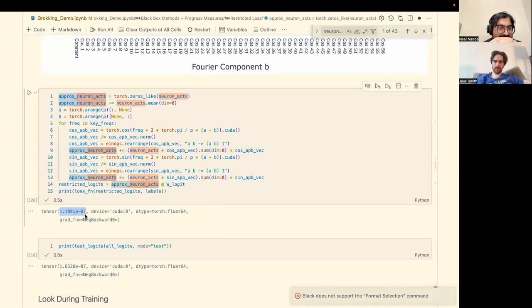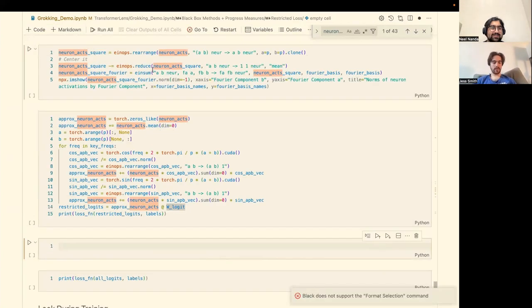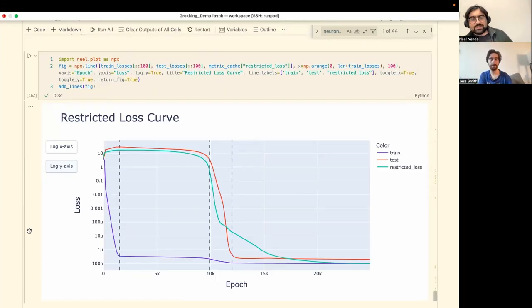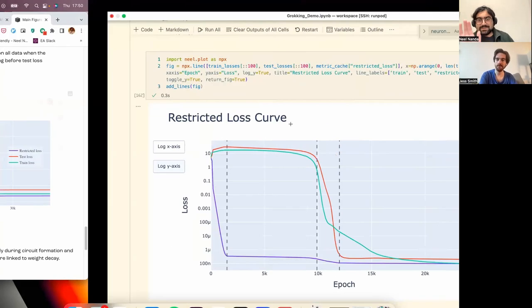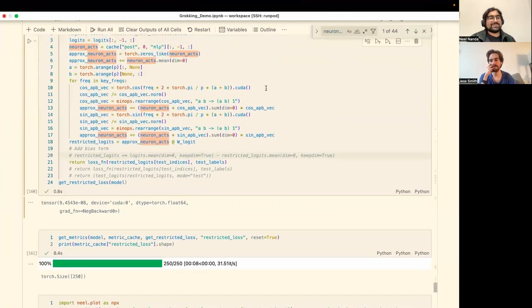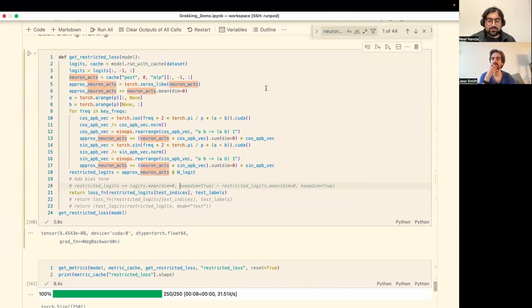We get something that's actually even better than the regular loss. Okay, so I just plotted restricted loss over training, and it looks kind of weird. It also doesn't really precede test loss that much. If we compare this to the restricted loss graph we had in the paper, that's clearly massively preceding test loss. But it turns out that I forgot one of the steps, which turns out to actually be pretty important.